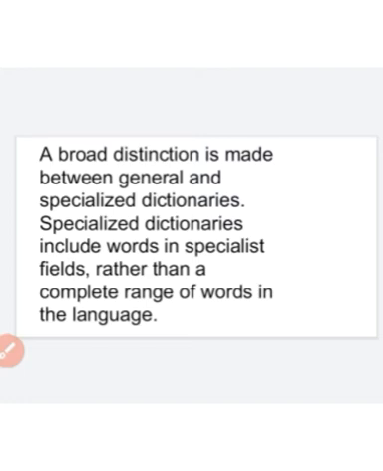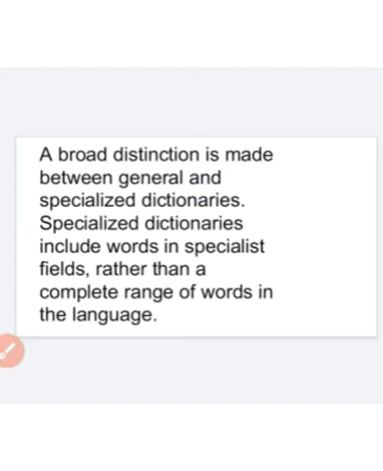General dictionaries are something that you all are familiar with, but along with that you have specialized dictionaries. Specialized dictionaries talk about the words in a specialist field, like a medical dictionary, an architecture dictionary, a dictionary of literary terms. Likewise, those are specialized dictionaries.